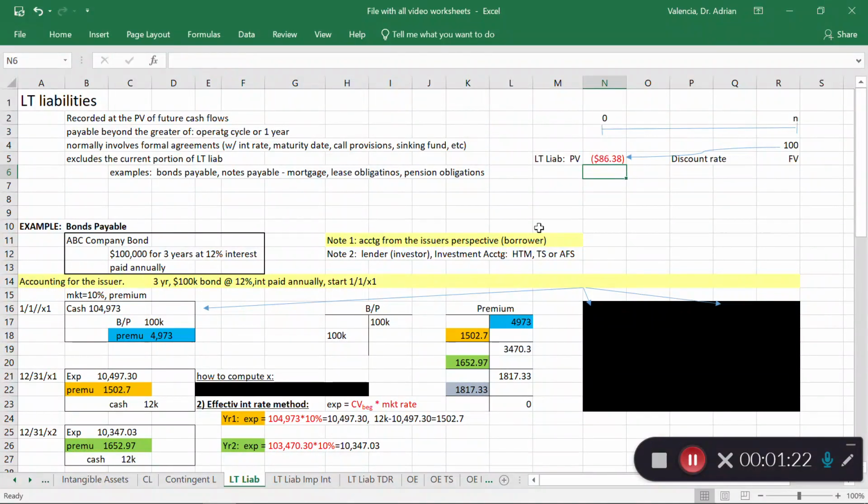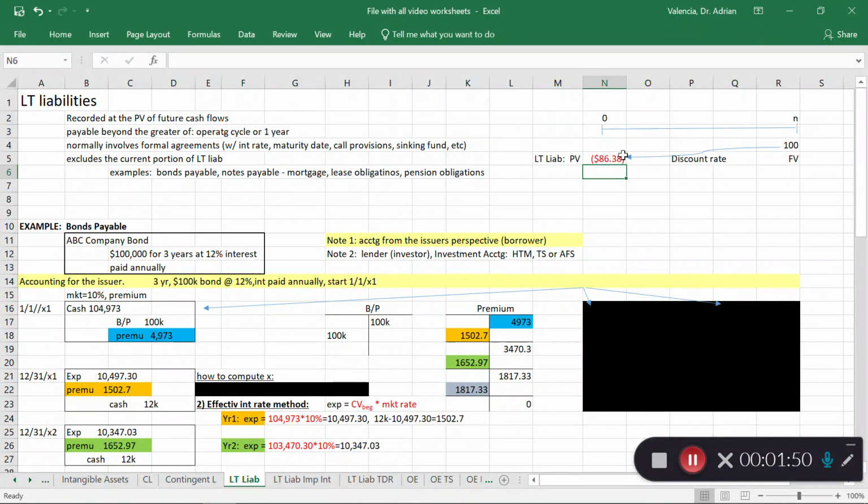So if I were to do that, it says that this $100 to be received 3 years from now, discounted at 5%, this would be like the market rate that you discount at, is worth $86.38. And the calculation here is not the important thing. It's understanding that that amount that you record on the books is going to be less than that future value.